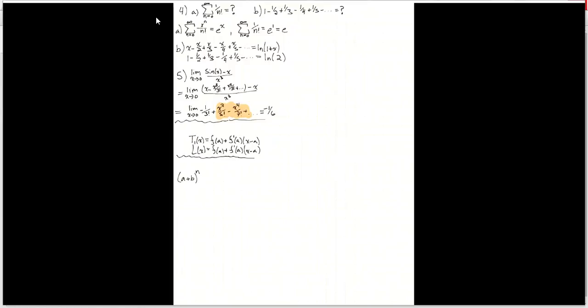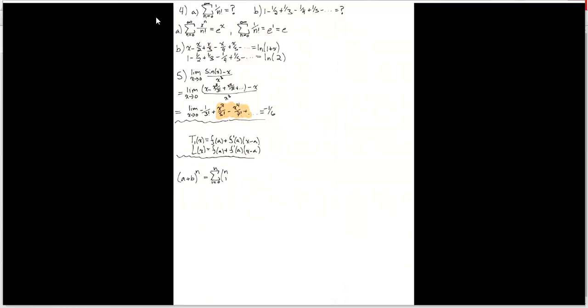Well, we can write this as a finite sum as long as n is a positive integer, right? We have i equals 0 to n, and then we have these binomial coefficients. We'll talk about that in just a second.